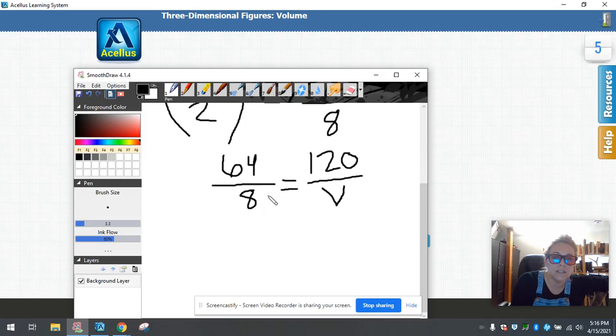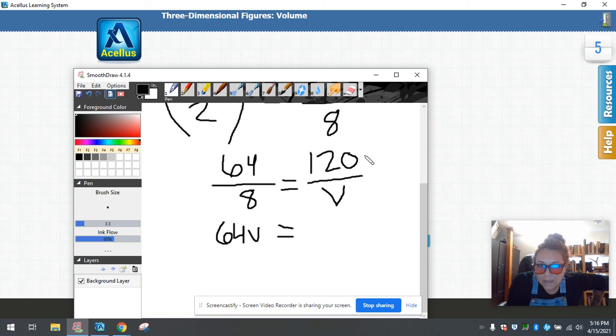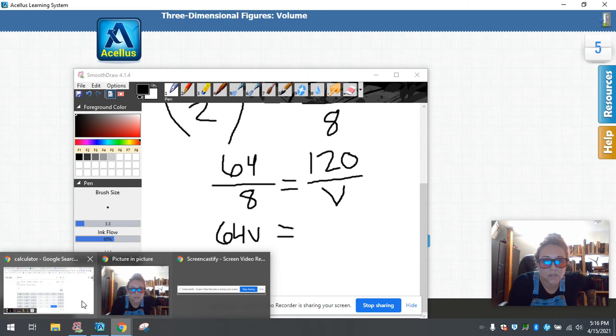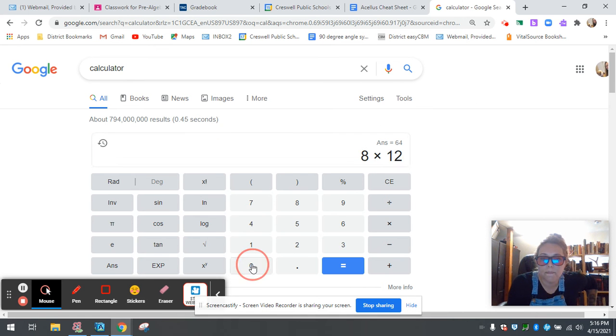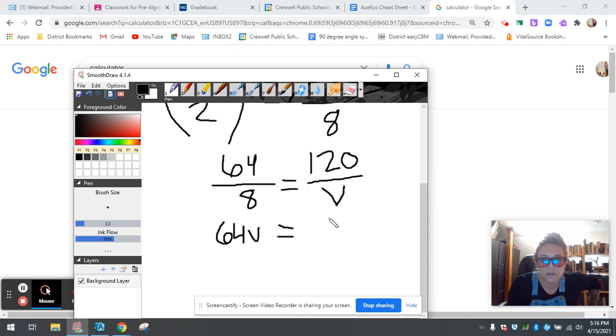So I go V times 64. I can't simplify that. V is not a number. So a simplified version is V times 64, or 64 times V. I cross multiply 8 times 120. I use my calculator. Again, 960.